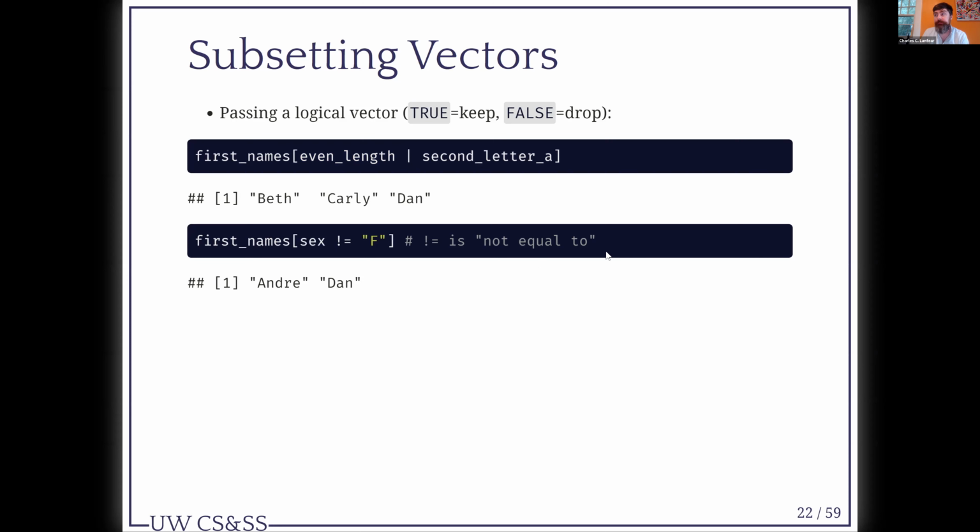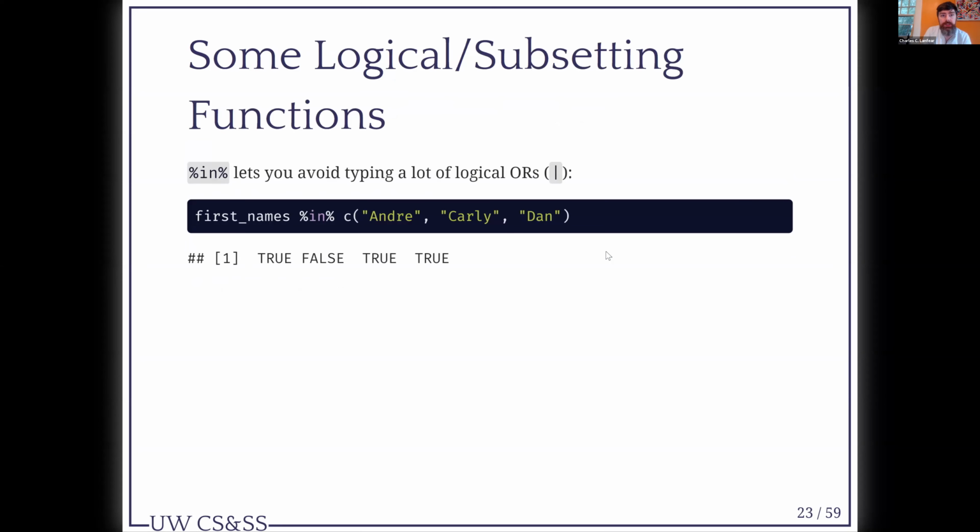So, some other logical and subsetting functions. Instead of typing lots of OR statements when you're working with the same variable, %in% is handy for replacing many logical ORs. I could say first names %in% and give it a vector, and it's going to return a true whenever an element of first names is any one of these 3 things.